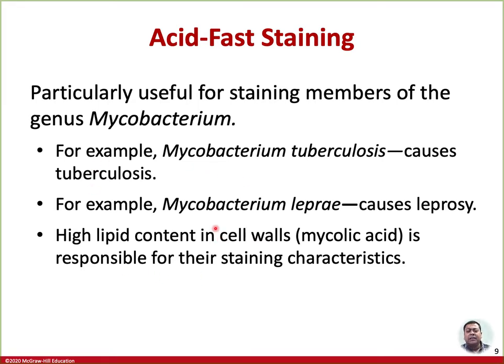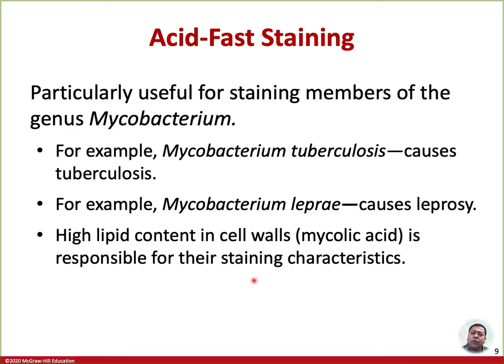So to do that, we have to do a specific procedure. The commonly used procedure is known as the Ziehl-Neelsen method. You will see that it is written in your book. This uses a high concentration of phenol and the carbol fuchsin, as well as a wetting agent. A wetting agent reduces the surface tension between the lipidy cell wall and the dye.